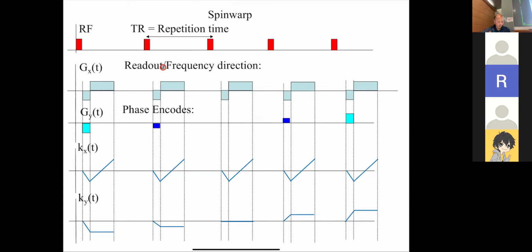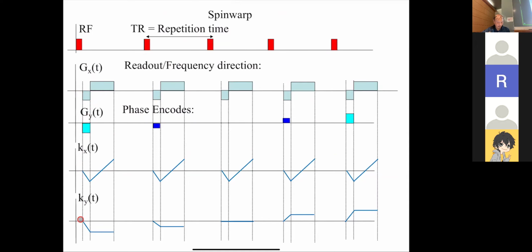Okay, so let's talk a little bit about what this looks like. So remember, we have our RF and we play it out. For spin warp, this looks the same every time we go through. And the phase encodes, we just change the size of the gradient. And so if I look at KX, that's just doing the same thing every time, right? So it's just taking me to some negative point in K space and then zooming across K space, okay?